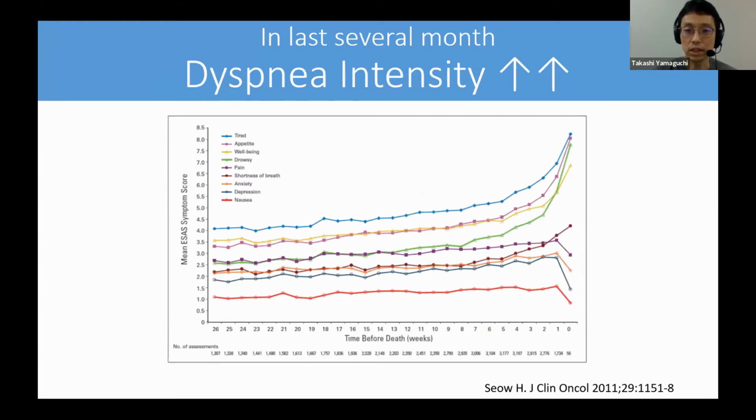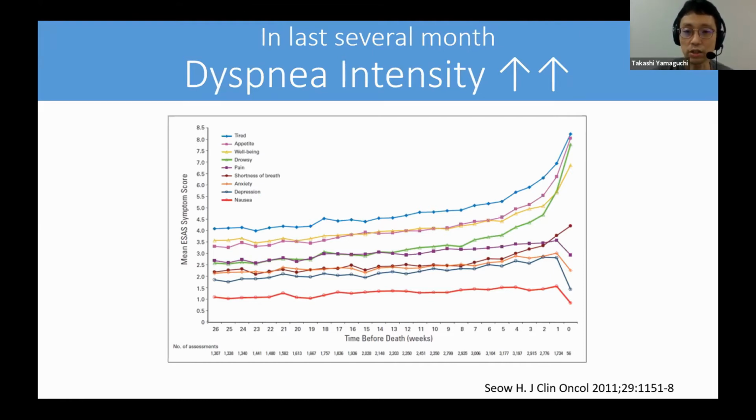Another study looked at the intensity of dyspnea. This is data from Ontario, Canada. In Ontario, all cancer patients of the designated cancer centers input their ESAS score, the symptom score, and palliative performance status score at every outpatient visit. This data was published in the JCO in 2011.